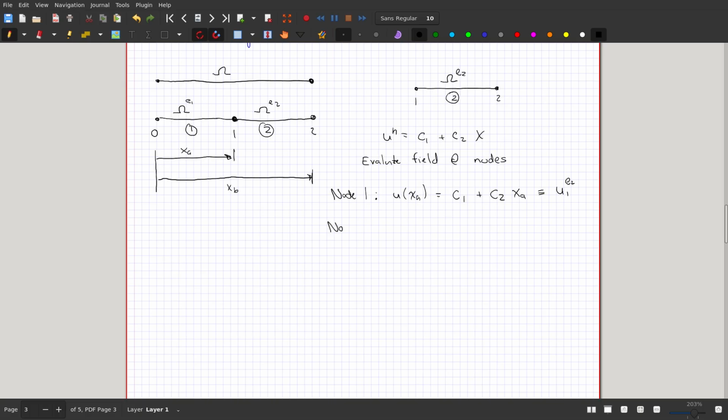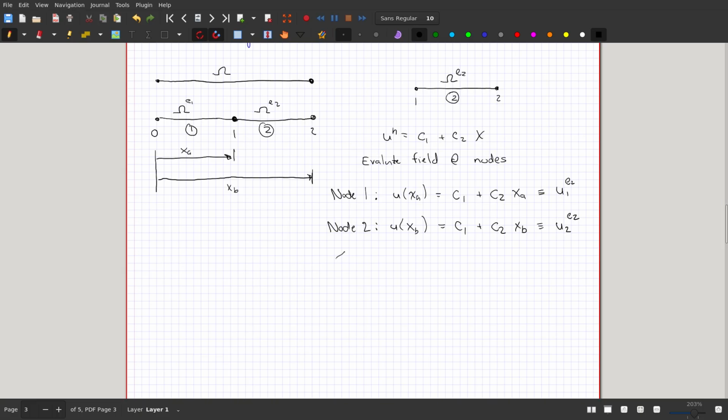At node 2, we're going to evaluate u at xb, which is c1 plus c2 xb, and this will be u2 of element 2.